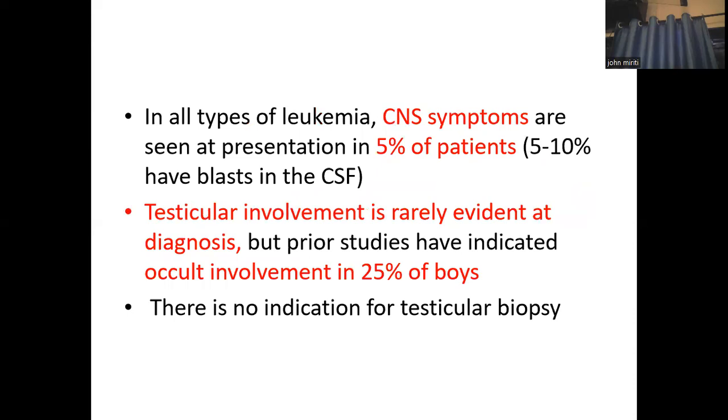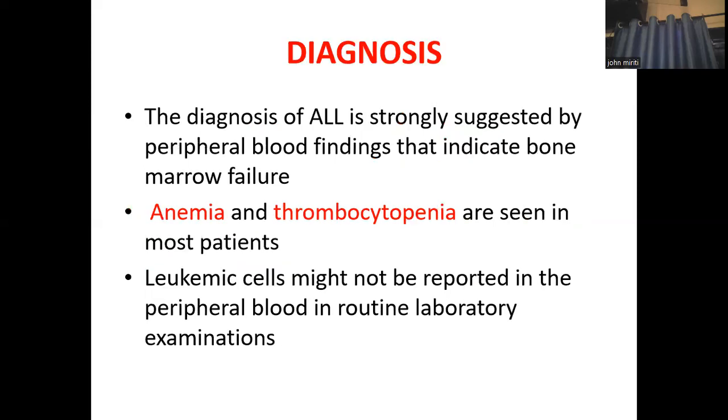So in all types of leukemia, central nervous system involvement is rarely seen at presentation, averaging around 5% of patients, with around 5 to 10% having lymphoblasts in the CSF. And testicular involvement is rarely evident at diagnosis, but prior studies have indicated an occult involvement of 35% of the boys. So there is no indication for testicular biopsy.